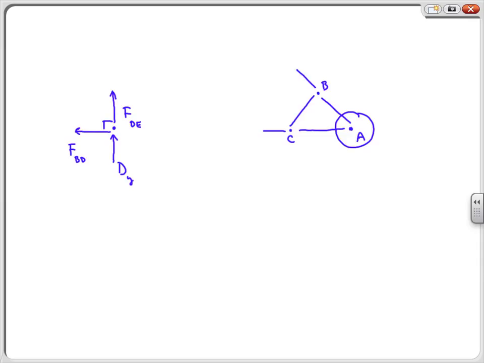Again, to be consistent with our previous treatment, we'll call this angle alpha, and we'll establish an XY coordinate system like this.